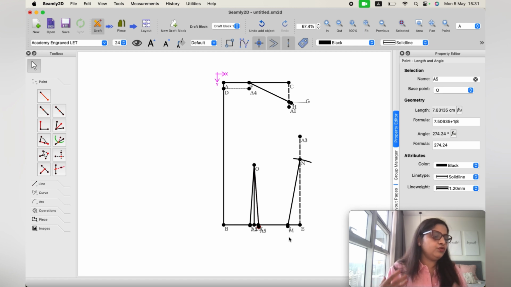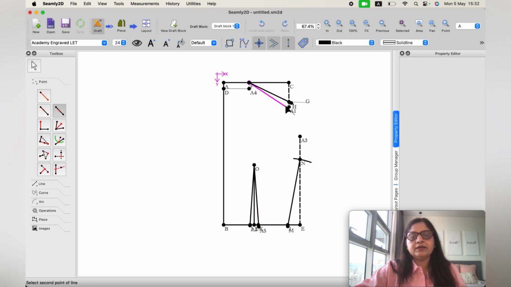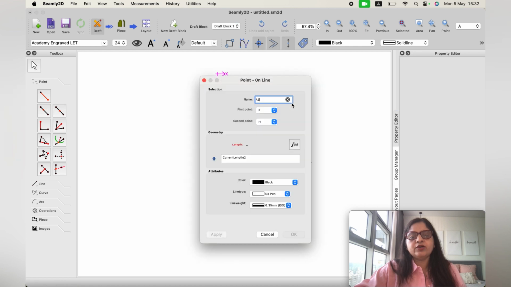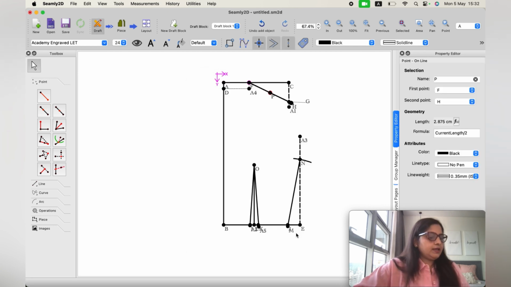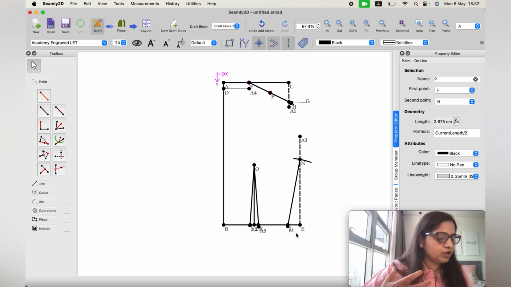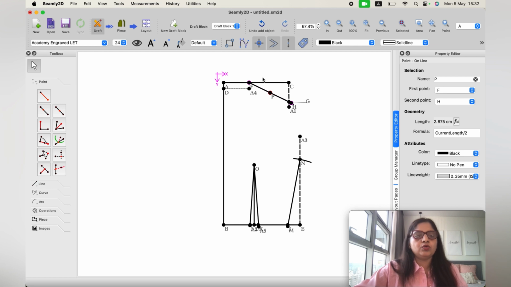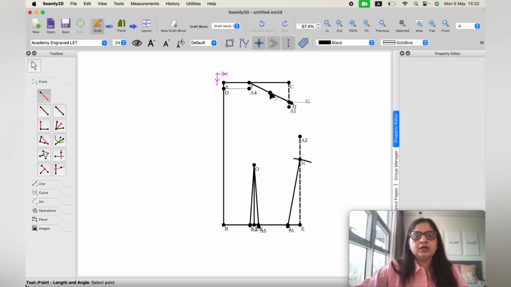Now we'll move on to figure 9. Now figure 9, first is F to P. First I'll take half of this line, which will be my point P. So I'll take the midpoint of this and name it point P. Okay. Now F to P is done. P to Q, draw a 3-inch line in the direction of point O. So I'll join a line from here to here.